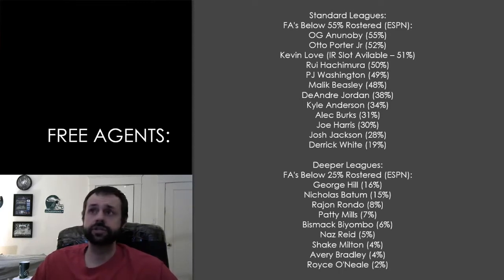Next up we have Josh Jackson, who's only rostered in 28% of leagues. Now, he moved into the starting rotation in Detroit for Delon Wright, and I'm curious to see how that's going to work out long term. He's been pretty inconsistent. Some nights he'll get you like 25 to 27 points. Other nights he'll get you 8 to 12 points.